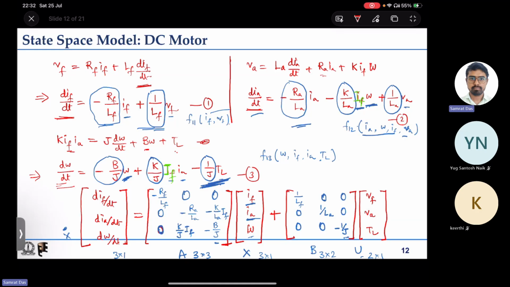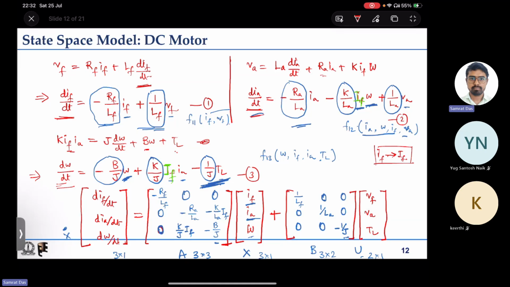But with the assumption that the field circuit has already reached steady state, so that If is a constant number, it could be represented as a linear system.